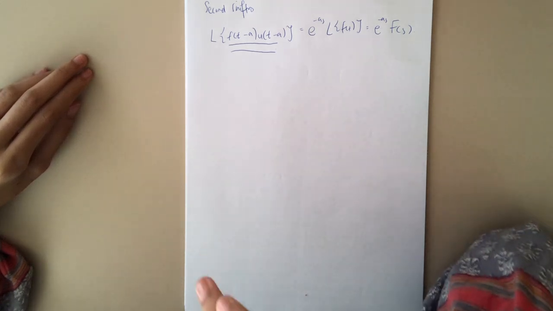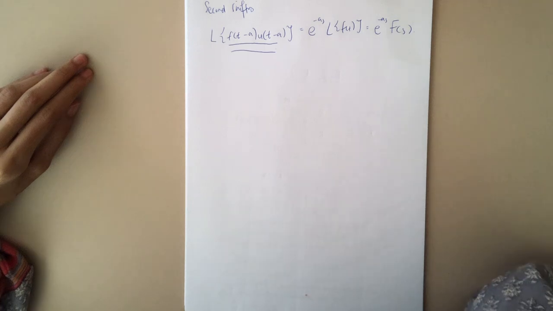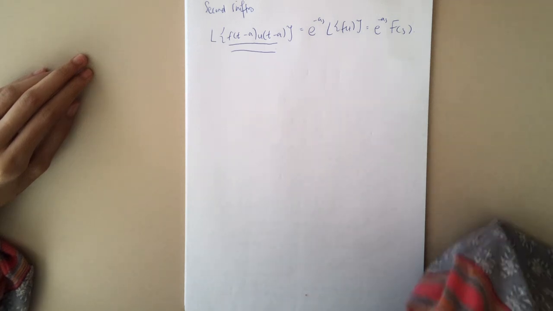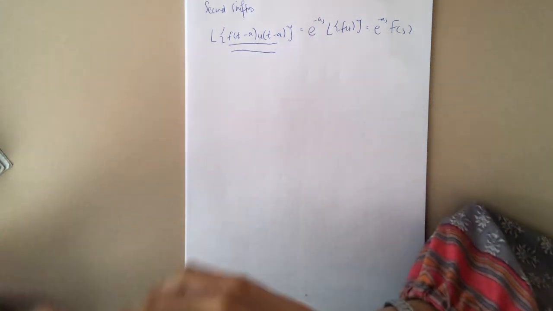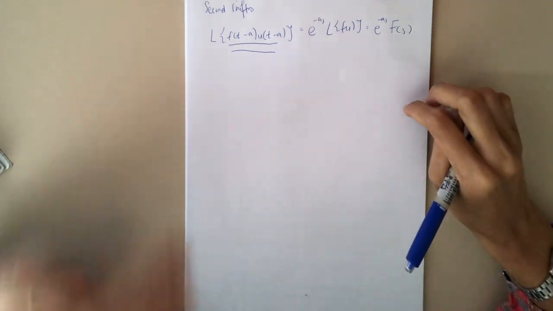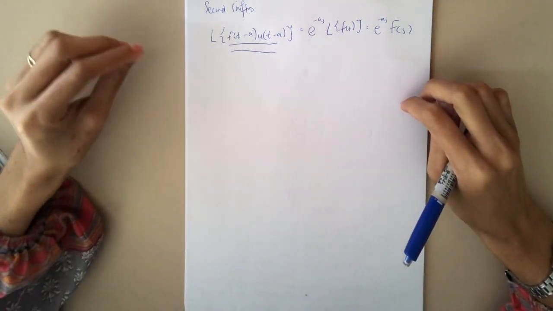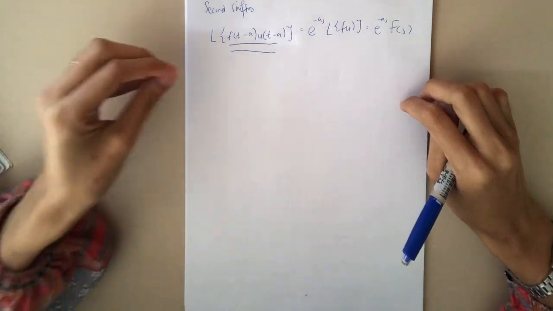And for the derivative, we apply it when we have a multiplication with t to the power of n, like t cube, t square, and so on. Now, for second shifting, we will of course use the unit step function.